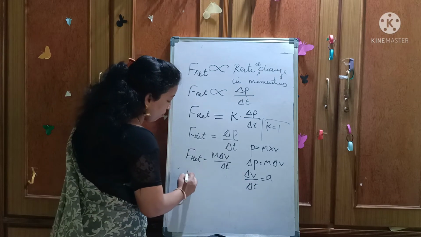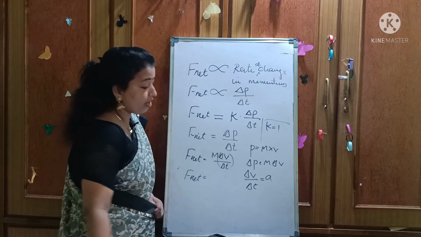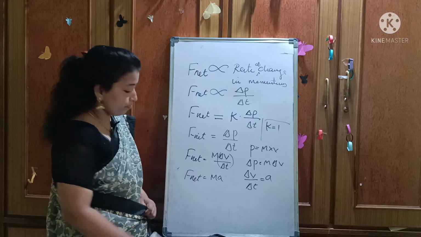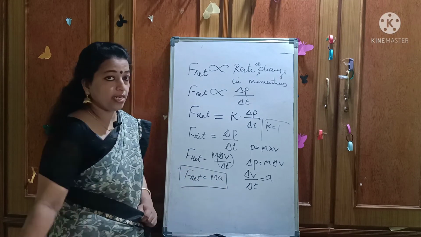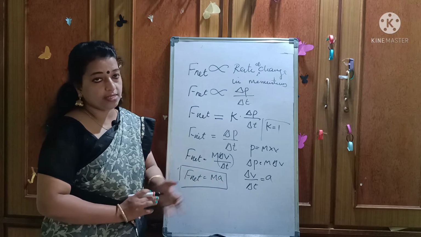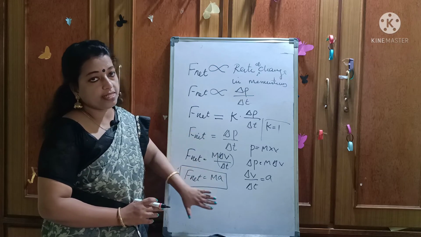Can we substitute here? In the place of delta V by delta T, we can write a. That is m a. So this is an important formula from Newton's second law of motion: net force is equal to mass into acceleration.